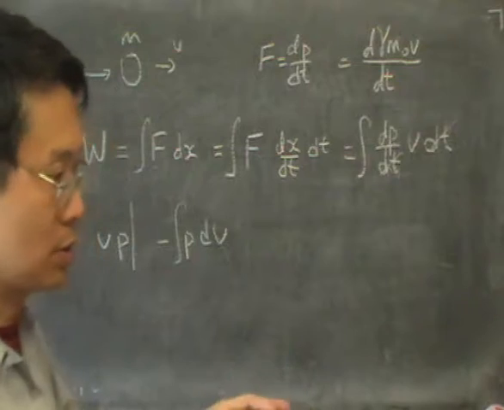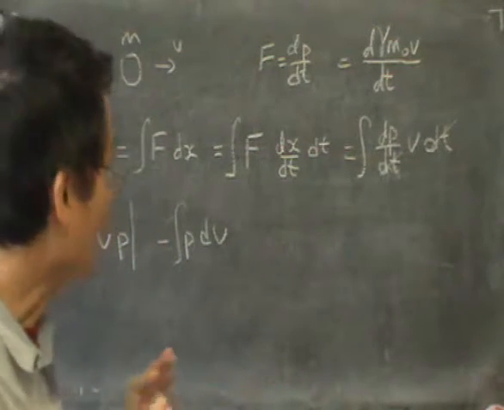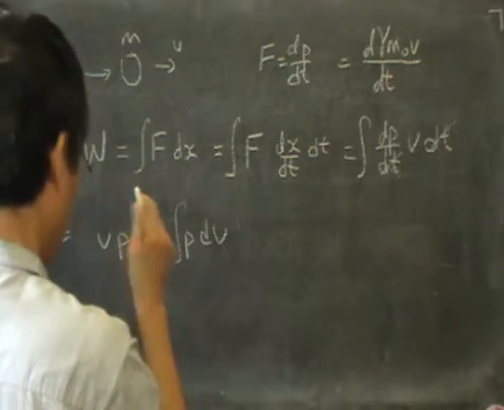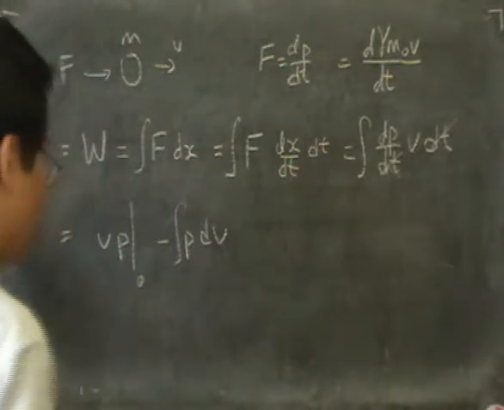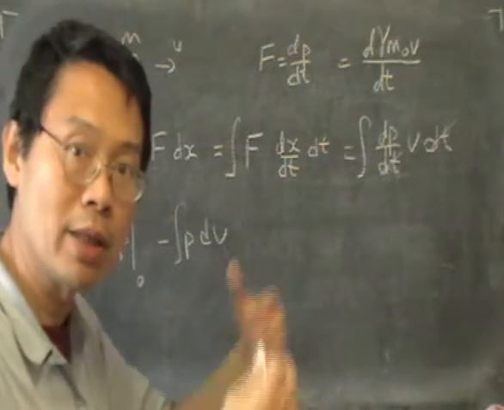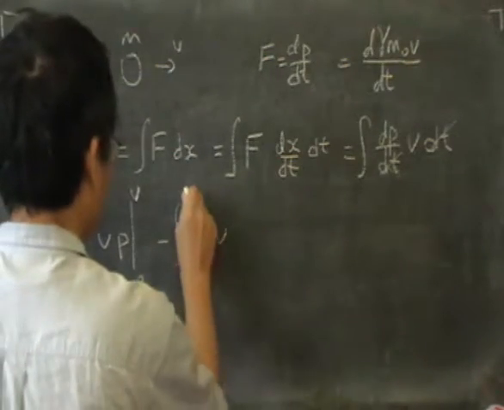At first there's no kinetic energy, then I'll start applying this force F. So in the beginning the velocity is 0, and then after some time it will gain a certain velocity v. So these will be our limits.